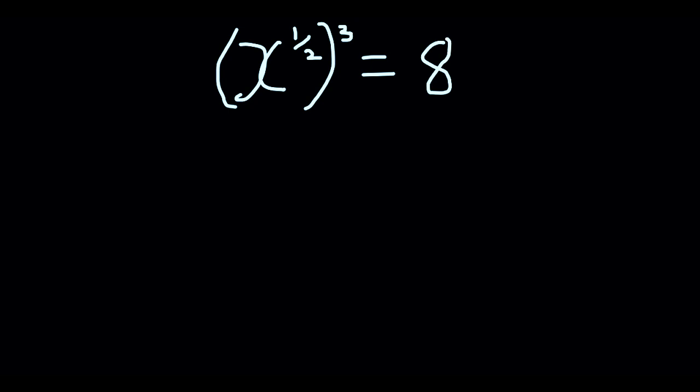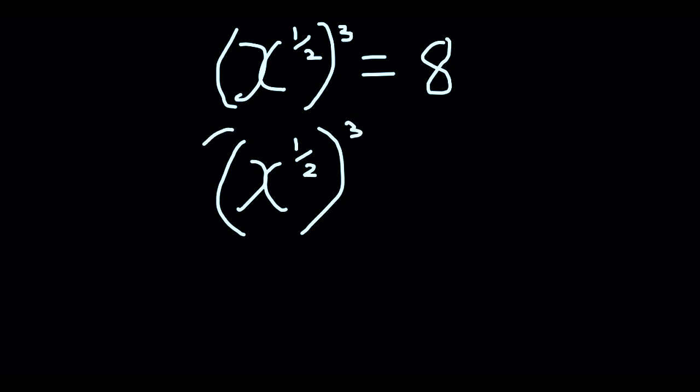So from here we then have, by squaring both sides, x to the power of half, all to the power of 3, then to the power of 2, which gives us 8 to the power of 2.